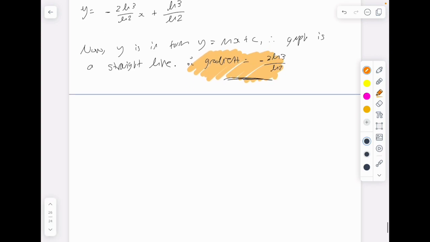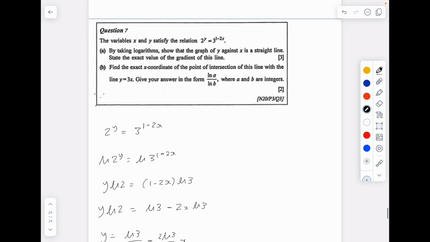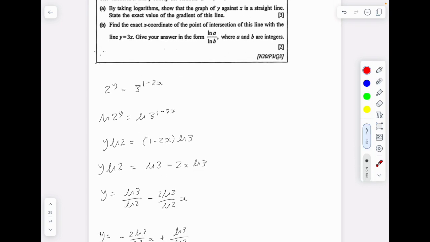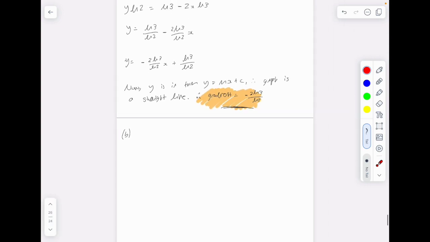Now for B. What do I want us to do for B? Find the exact x coordinates of the point of intersection of this line with the line y equals 3x. So that's pretty easy. All we have to do in this situation is say, fine, y is equal to 3x.